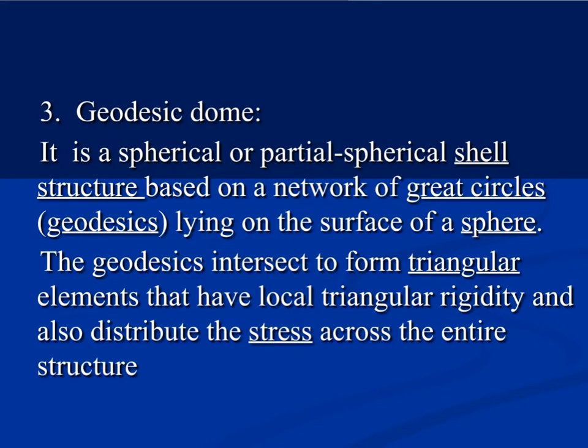Okay, and then finally we have the dome, that spherical or partially spherical shell structure where great circles form triangles. I'm thinking of some different buildings in Memphis that you'll run across as you go into Memphis. Triangles are known in physics because they distribute the stress and reinforce the structure.